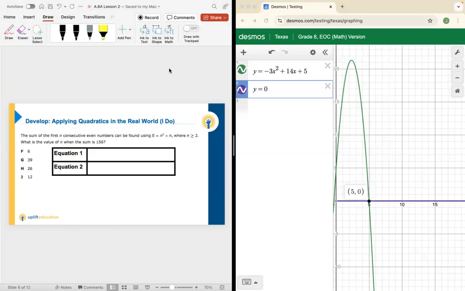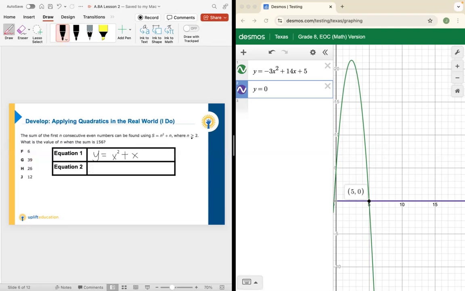Okay. All right, so let's look at another one. The sum of the first n consecutive even numbers can be found using s equals n squared plus n. All right, so we already see we have our first equation. So let's use our y's and x's instead. So I'm going to use y equals x squared plus x, where they're saying the solution has to be greater than 2.